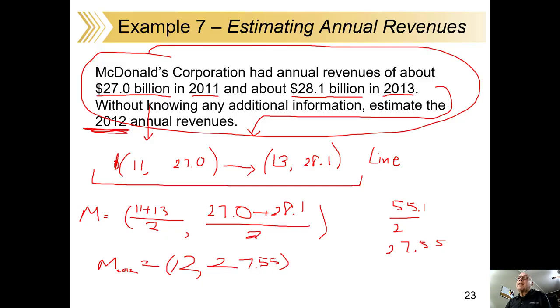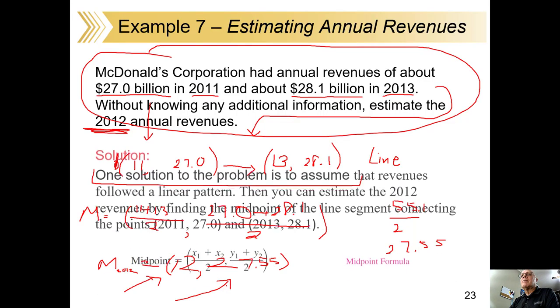If I made a mistake, this is how we do it anyway. Now this would tell us that in 2012, we probably had a revenue of about $27.55 billion for McDonald's Corporation. So let's take a look here.